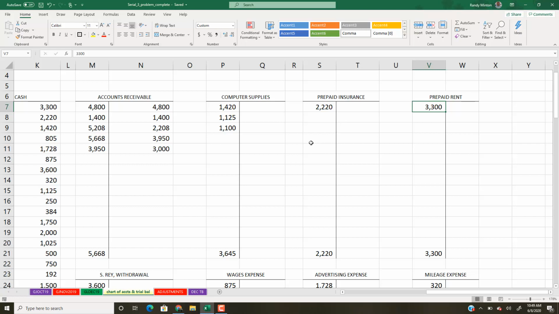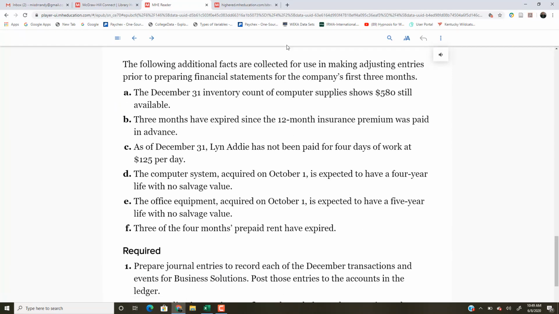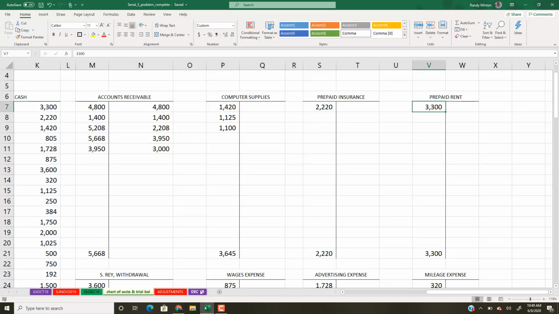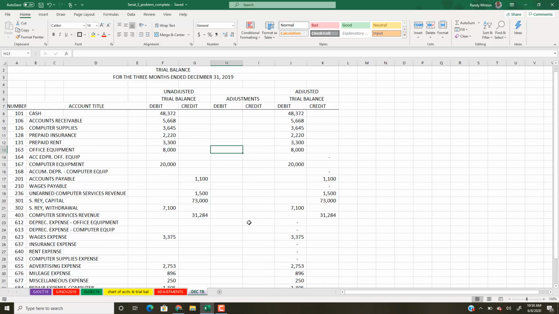Okay, so let's flip back over now. Let me see if I can find the actual additional facts that we have to use in order to be able to do the adjusting entries. And let me pop back over here just for a second because I want to point you now to the December 2019 trial balance.